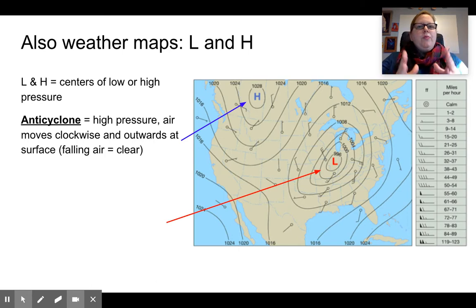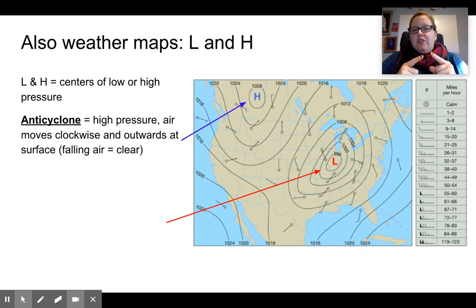I don't care so much about you knowing clockwise versus counterclockwise, but the most important thing to remember about a high pressure anticyclone is that pressure flows from high to low, so air is moving out of a high, and it's also moving down. So an anticyclone has air moving down and out.